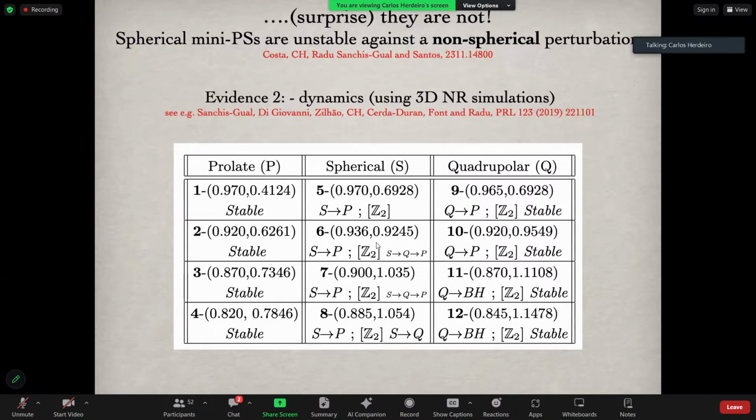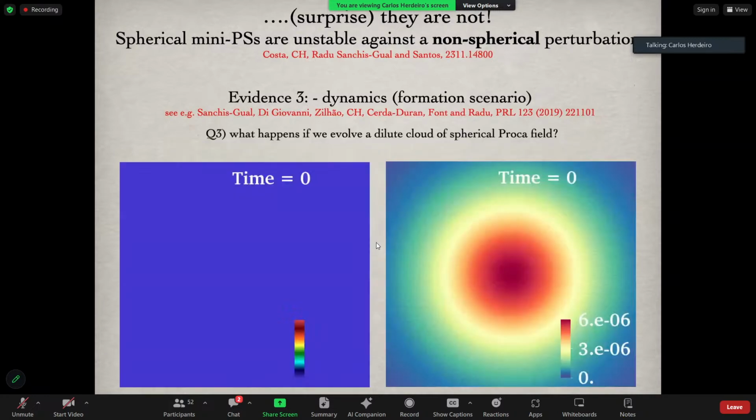But even then, the spherical stars get some dynamics in which they seem to decay into an intermediate quadrupolar state and then decay into a prolate state, but oriented rather than north-south, east-west. So the system finds a way to circumvent the symmetry that was imposed, although this imposition does mitigate the instability, and it seems to make it take longer to occur. Anyway, all the evidence supports that these dipolar stars are really the ground state.